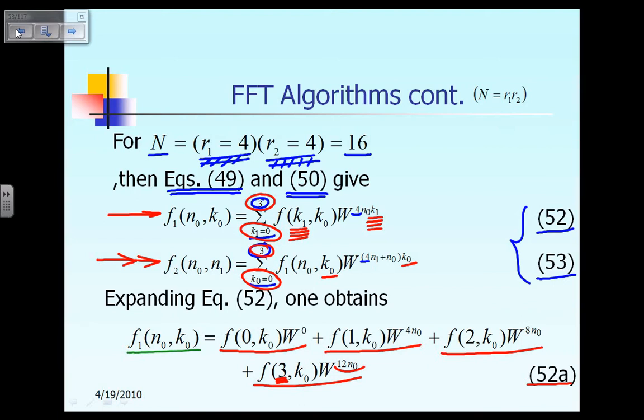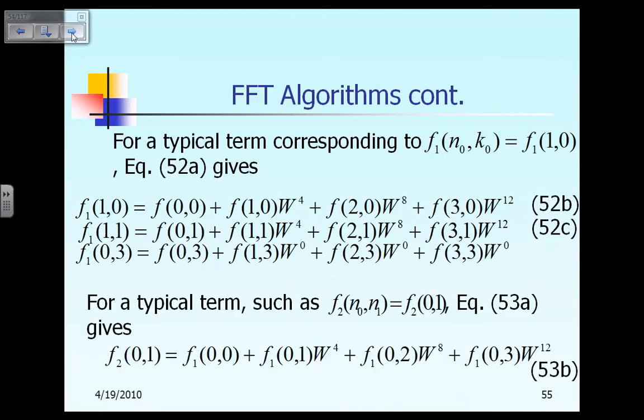That equation 52a actually implies that you have several equations depending on the value of n0 k0 that you are considering. So if you look at f1 of n0 k0, equation 52a, look at f1 n0 k0.